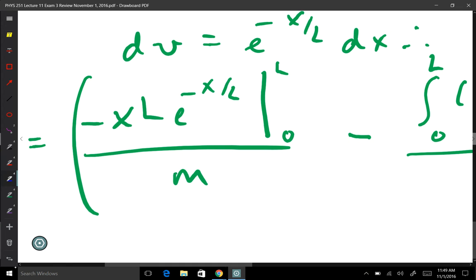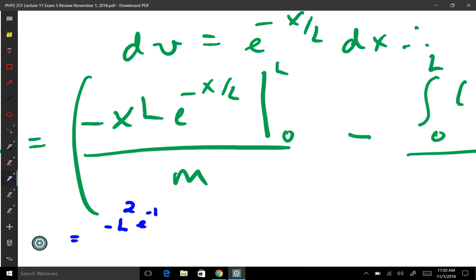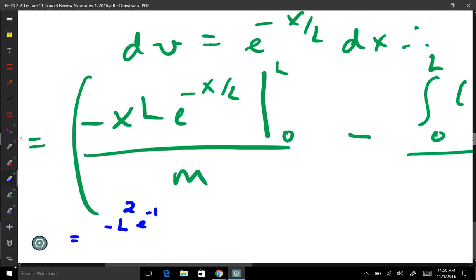So this first term, unfortunately, the pen stays the same size. Minus L squared e to the minus 1 if I put in the upper limit. And if I put in the lower limit, it's going to be plus 0 e to the 0, which is just 0, right?